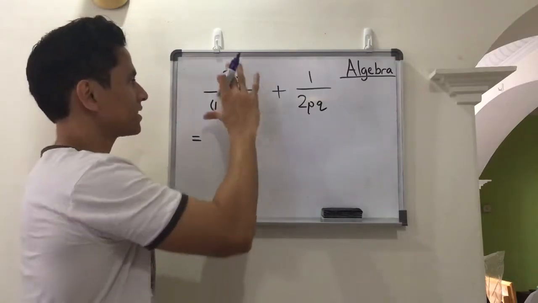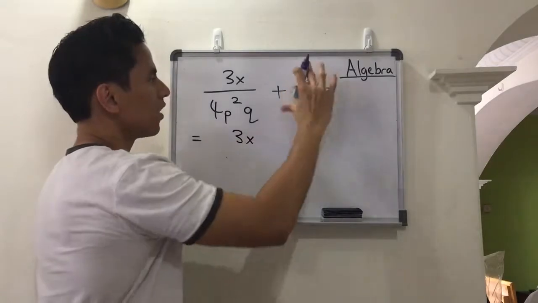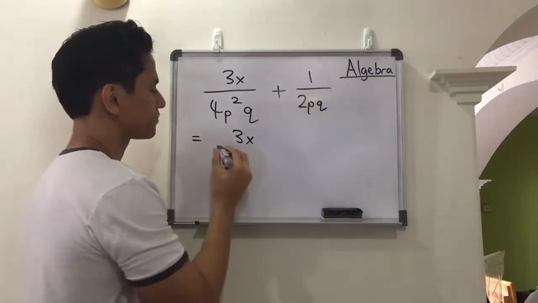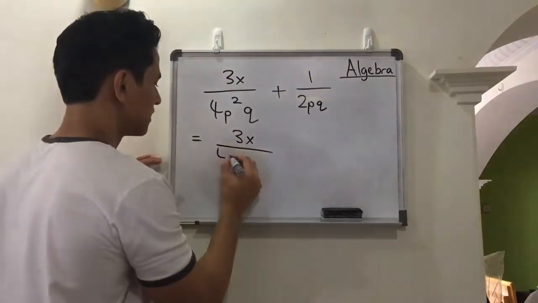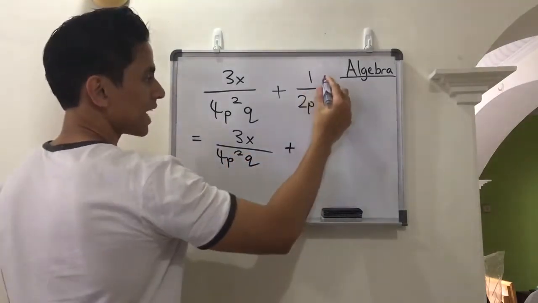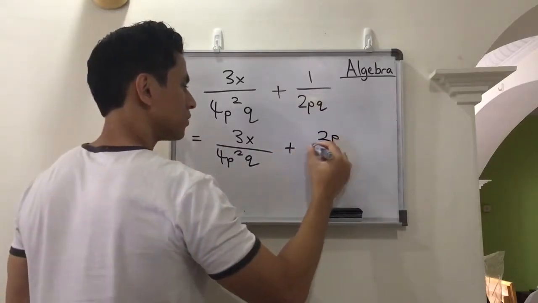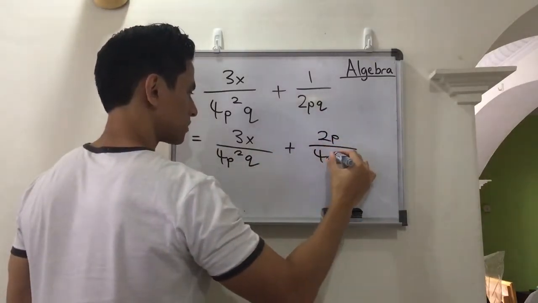So in a way, I can just keep this term here the same and really just focus on this part here as the first step. So this gives me plus, I'm going to times 2p on top and times 2p below. This gives me 2p over 4p square q.